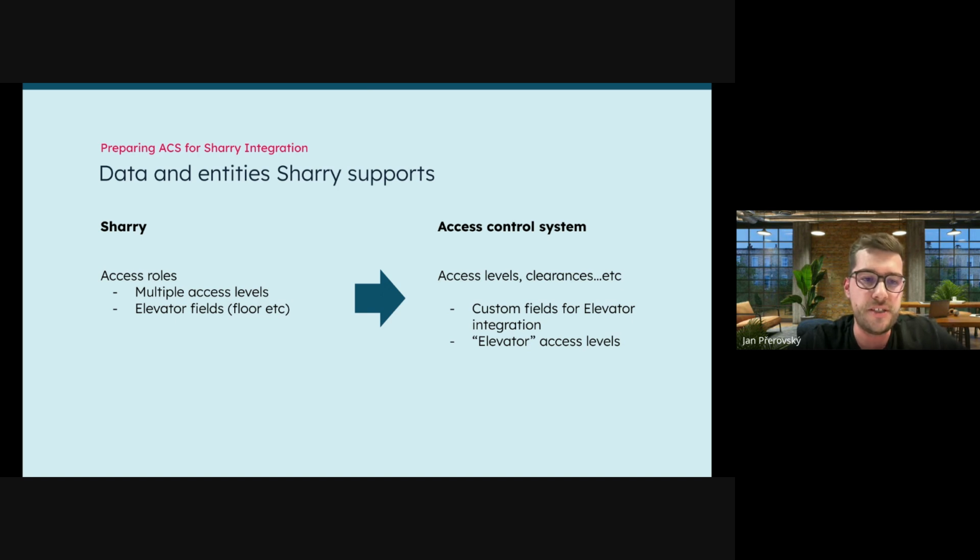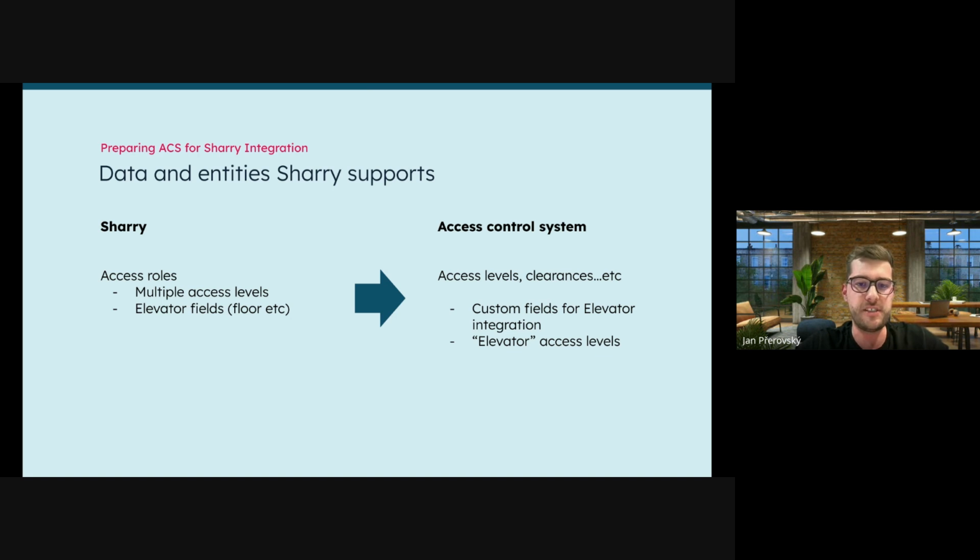As I also mentioned, we are also syncing the access permissions from Sharry to the access control systems. These can be your access levels, or some projects require integration with elevators. So we are also able to push some elevator information from Sharry to the access control system.